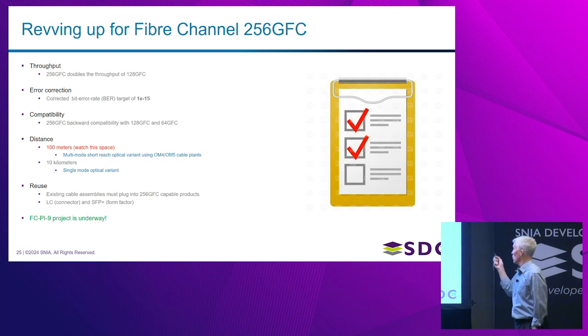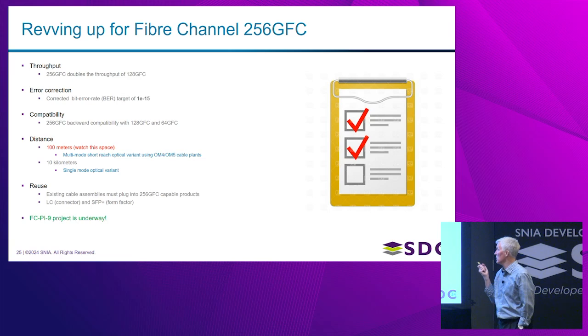The space to watch is the 100 meter requirement for multi-mode. This is where things are really, really interesting. There's a lot of work being done, not just in the Fibre Channel community, but also in the IEEE community on the ability to get 200 gig anything, much less 256 gig Fibre Channel, working at that level, and then able to maintain the reach requirements that we want. We're looking at various types of technology.